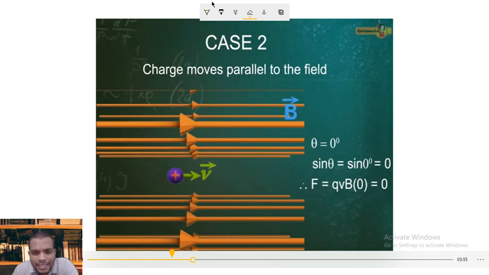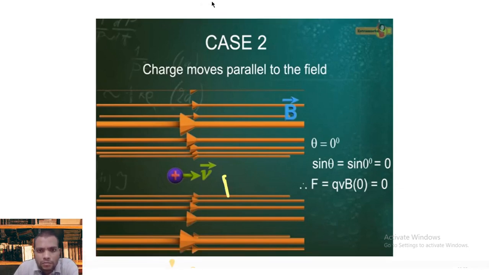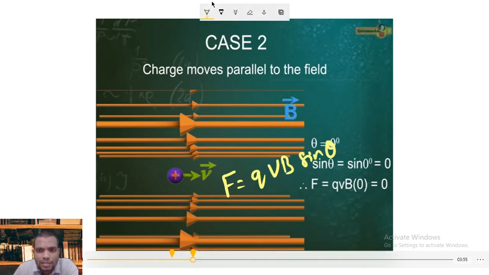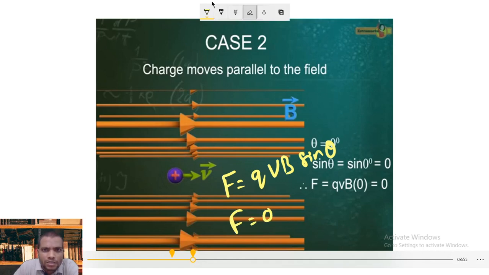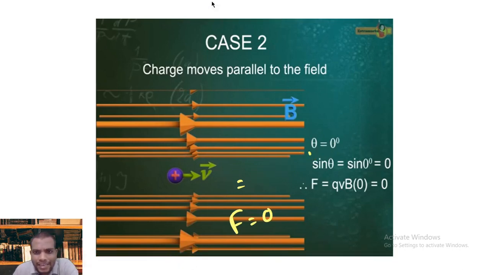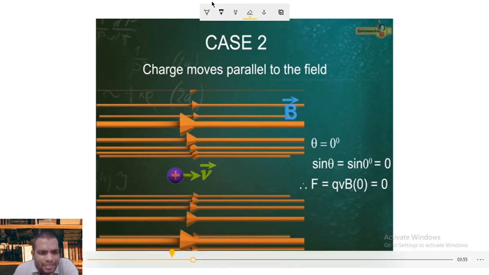Here theta equals 0 in the formula F equal to Q V B sine theta. Sine 0 goes to 0, so the force on the charged particle equals 0. The charged particle does not experience any force, so it keeps moving in the same direction because there is no resultant force.